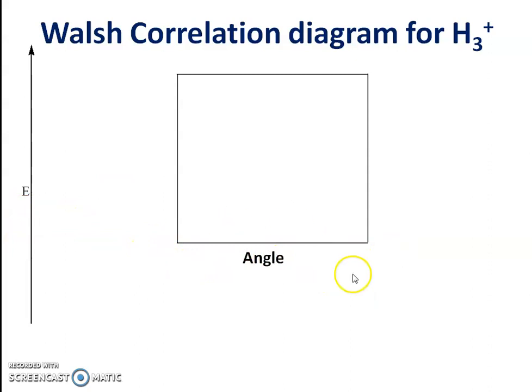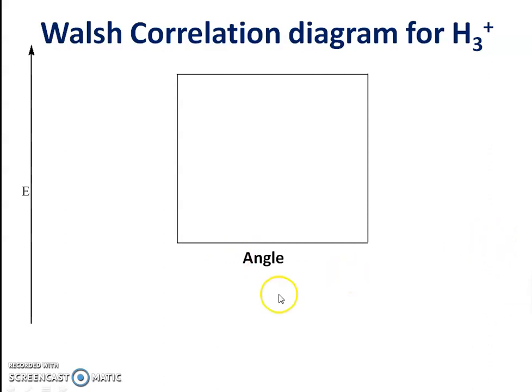Now we are considering two extreme angles. One is 180 degrees, where the geometry of the molecule becomes linear, and the other is 60 degrees, where the geometry will be triangular. You know, if there is an equilateral triangle, then the three angles are 60, 60, 60.